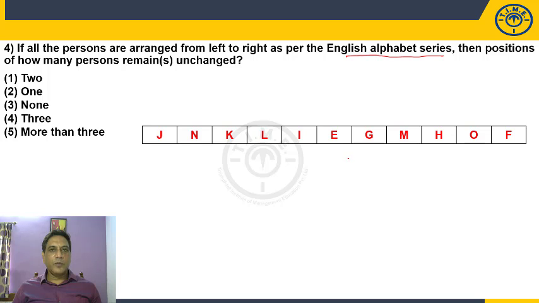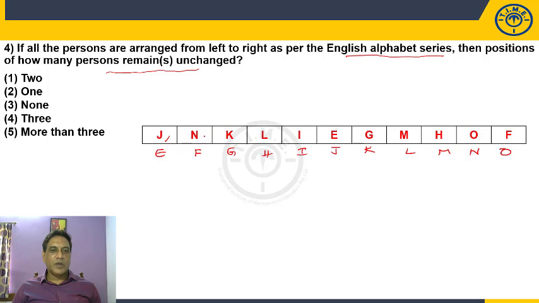So, we are talking about the people from E to O. E, F, G, H, I, J, K, L, M, N, O. These are the 11 persons. So, if we arrange them in alphabetical order, this is the arrangement that we get. Then, how many persons remain unchanged?